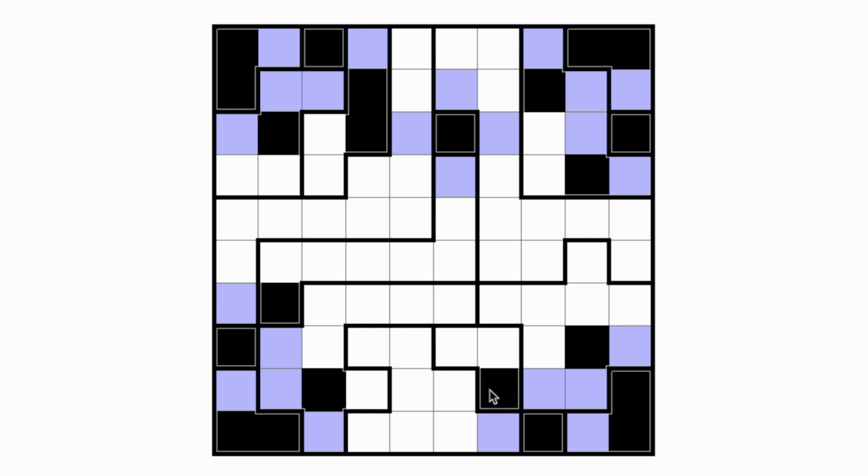This one is the same deal. This one, though, has to grow. Oh, in fact, these two are part of the same large region, and there's only one subgroup of shaded cells within each region. So these have to connect to each other, and they can only do that this way. So let's unshade the neighbors.